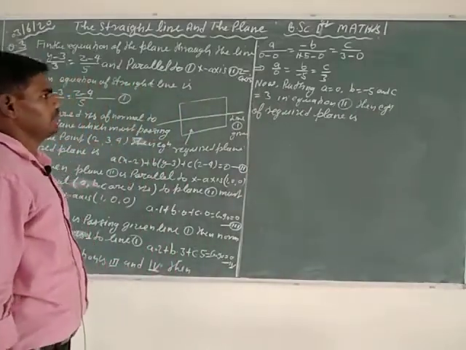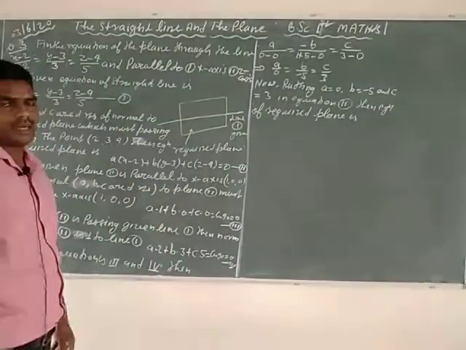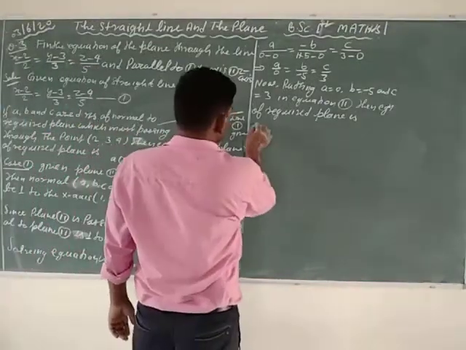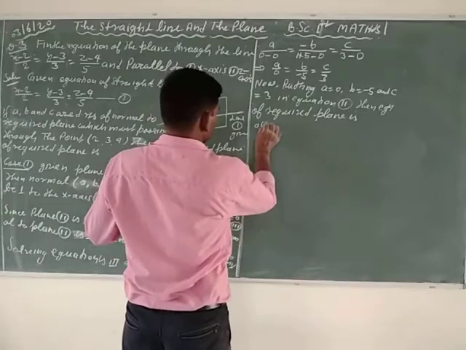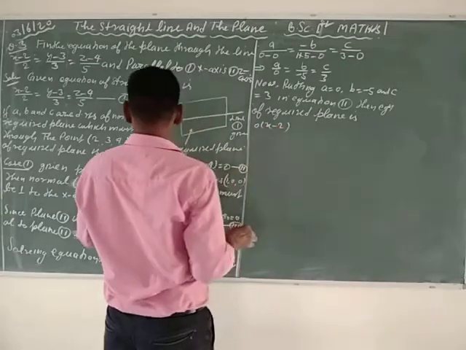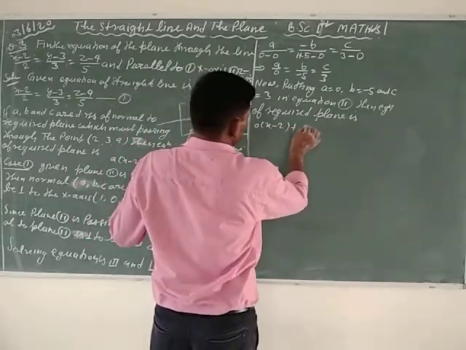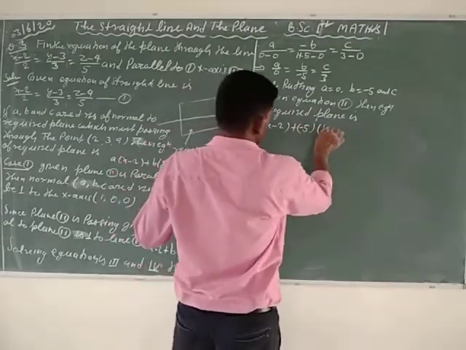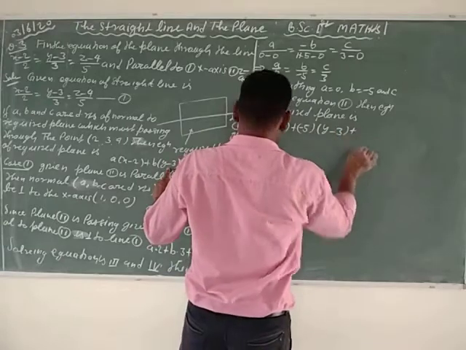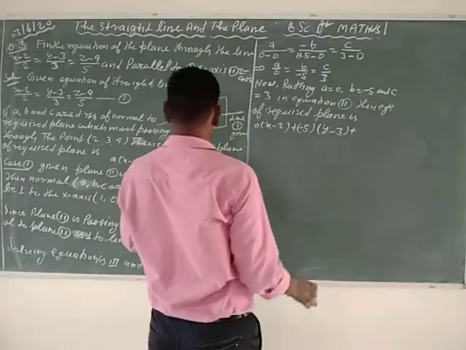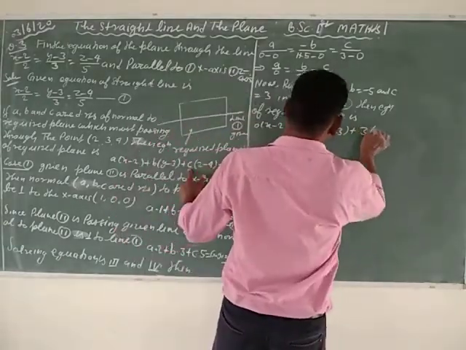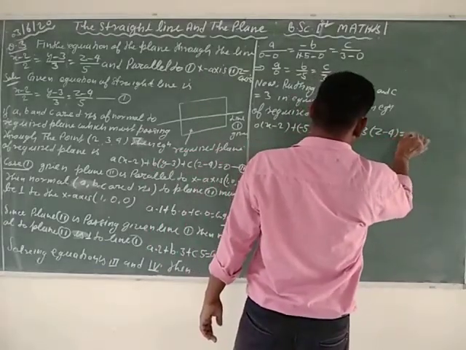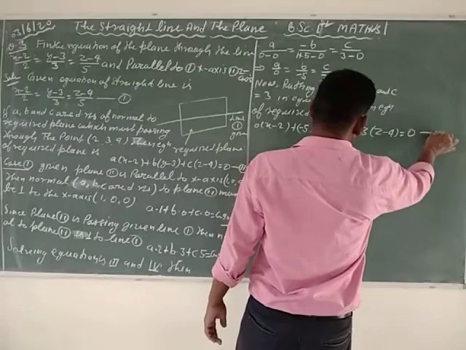Putting the values of A, B, C in equation second: A is equal to 0 times x minus 2, plus B is equal to minus 5 times y minus 3, plus C is equal to 3, so 3 times z minus 4, is equal to 0, which is equation second.